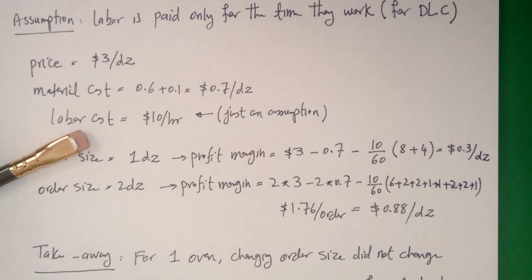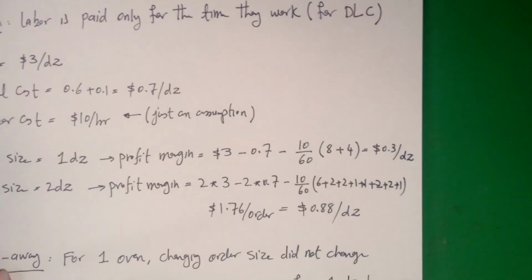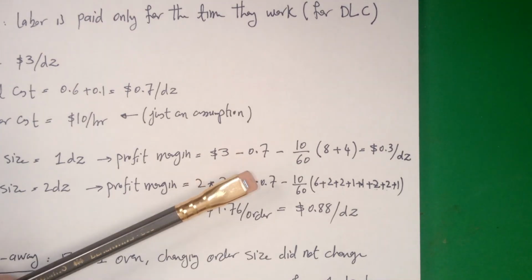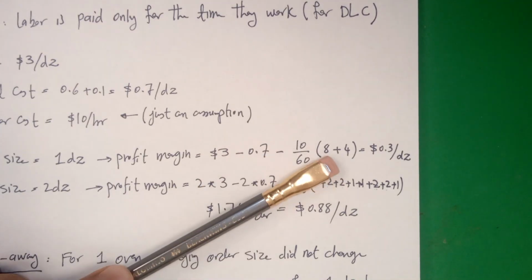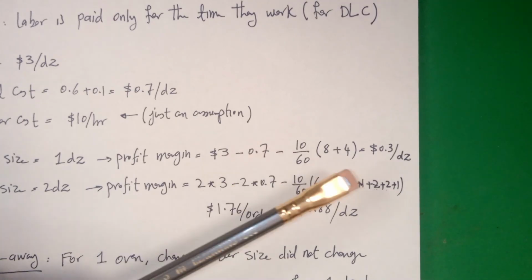If you want to try a different number, be my guest. If I have an order size of 1 dozen, profit margin is going to be the $3 of price that I charge minus material cost minus direct labor content times the wage. All right, that's going to bring my margin to 30 cents.